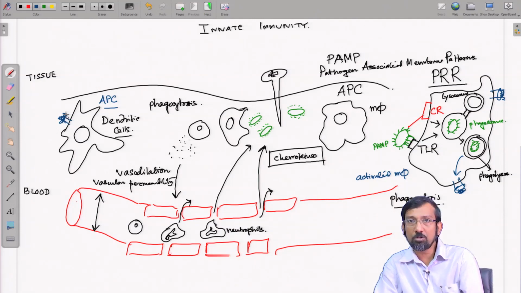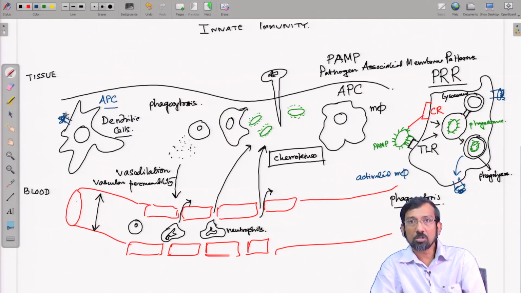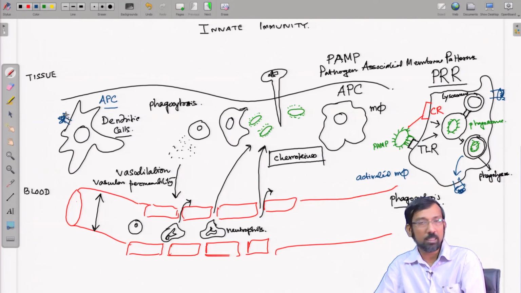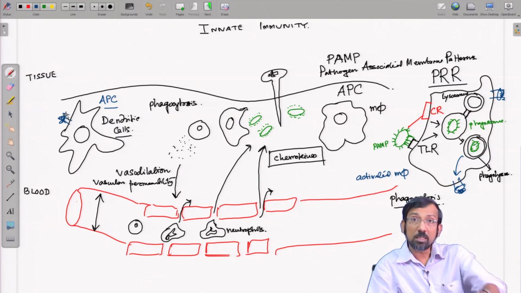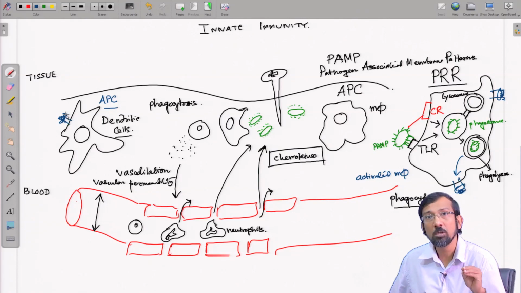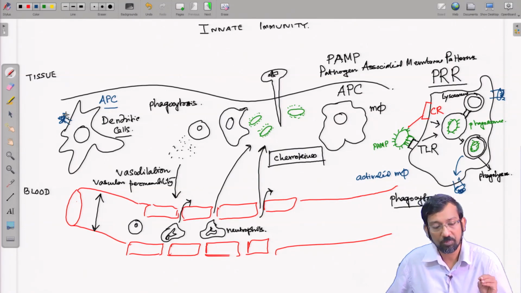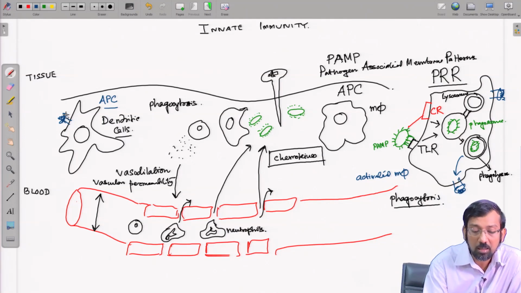If it fails to clear the pathogen, it starts a process usually with the help of antigen presenting cells. It starts phagocytosis, primarily by antigen presenting cells like macrophages or the tissue dendritic cells. Now, these dendritic cells and macrophages go to the lymph nodes, and there they meet the B cells and the T cells.